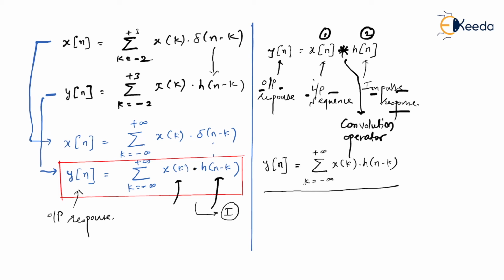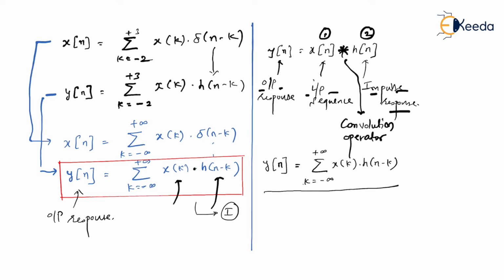So after all, what exactly is meant by convolution? For a given LTI system, let's say h of n is known to me. Mark my words. For a particular LTI system, you know what h of n is. H of n is the impulse response. Now you apply some x of n as input and you want to predict the output y of n.